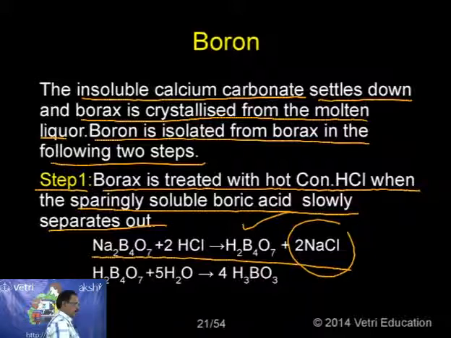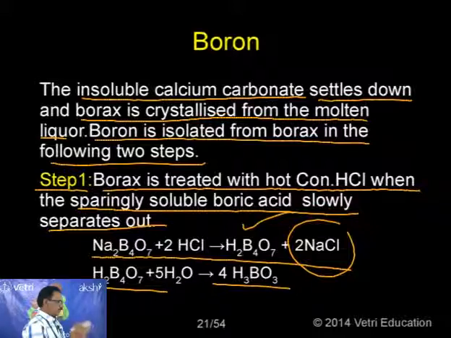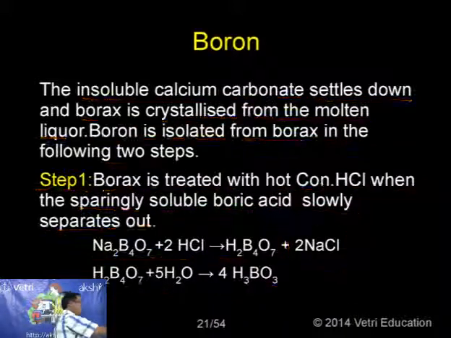That is the first stage of step 1. And what will happen now? This H2B4O7 reacts with 5 moles of water to produce 4 moles of H3BO3. So in step 1 we are getting boric acid, H3BO3, from borax. That is step 1.